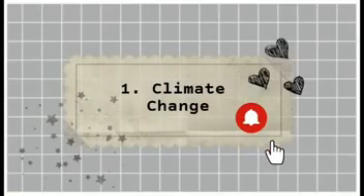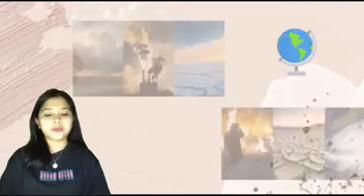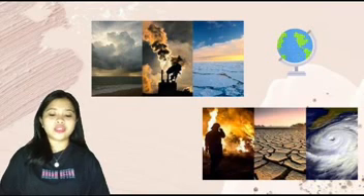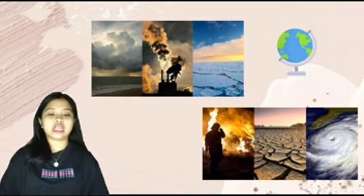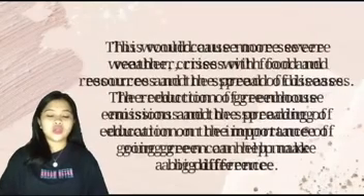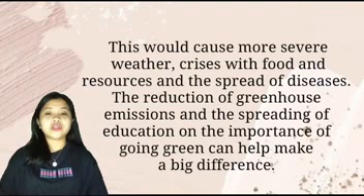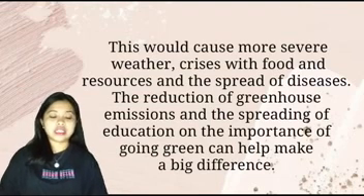First is climate change. Global temperatures are rising and are estimated to increase from 2.6 degrees Celsius to 4.8 degrees Celsius by the next centuries. This would cause more severe weather, crisis with food and resources, and the spread of diseases.